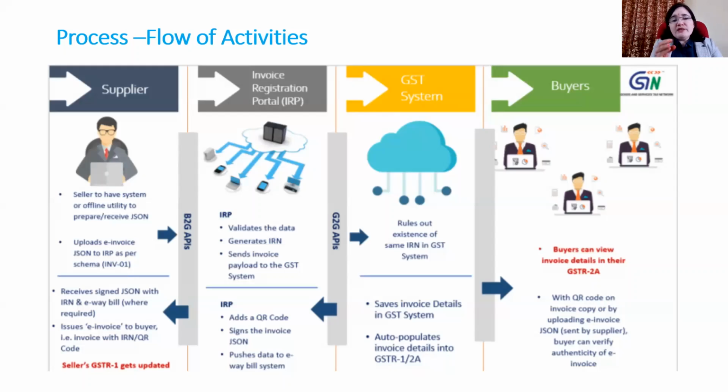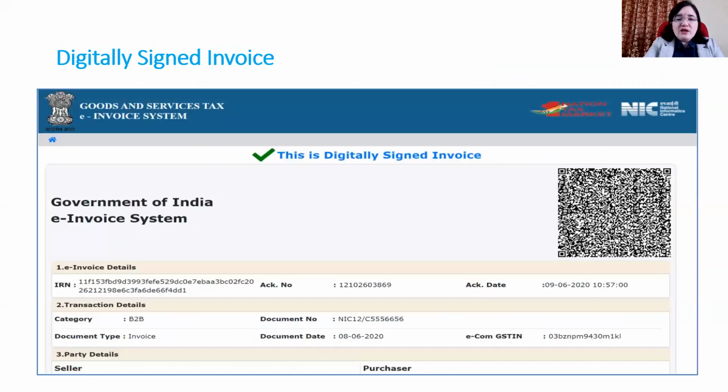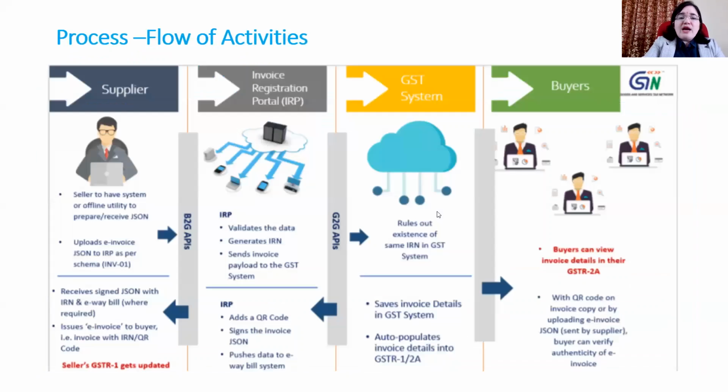Once IRP receives your tax invoice details, they give you an IRN number with QR code. So this is the format of the e-invoicing, digital sign invoicing you will receive from the IRP or the invoice portal. Once you get that, just print or download it and print the QR code of that e-invoice on your tax invoice.